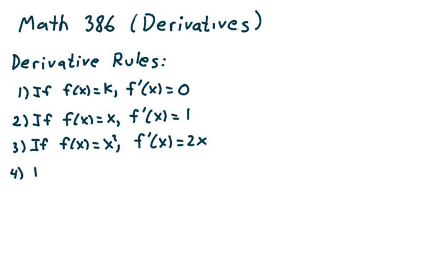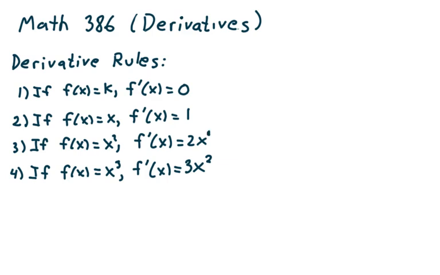Number 4, if f of x equals x to the third, the derivative of f of x is 3x raised to the second power. And you can think of the derivative of x squared as 2x to the first power.